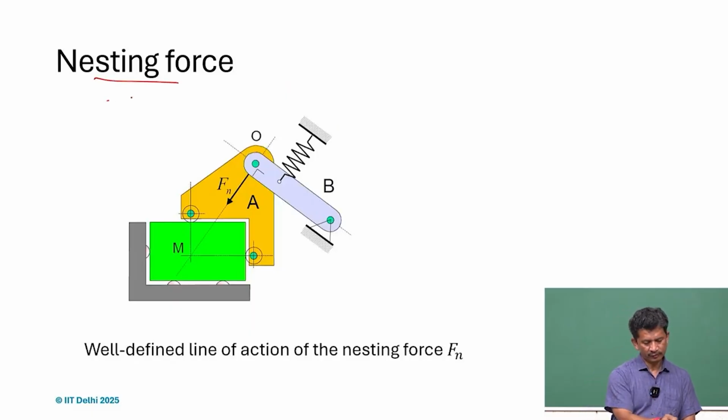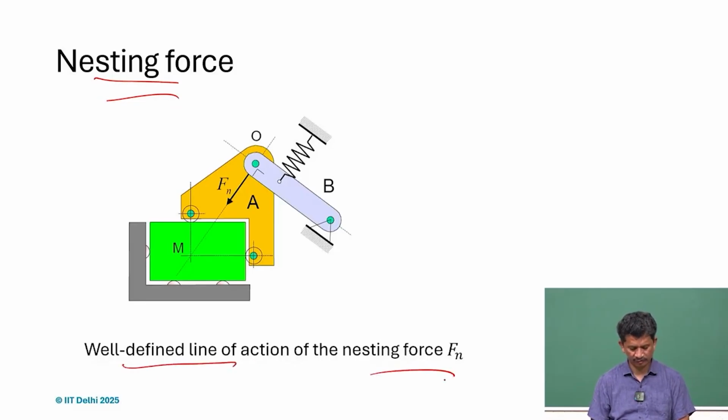About the nesting force, it's very difficult to get the precise direction. If you want to have a well-defined line of action for the nesting force, we can use this kind of wedges with these rollers, and with the help of a spring, it readjusts on its own. Of course, this looks very big compared to this block, so this is mainly for illustration.